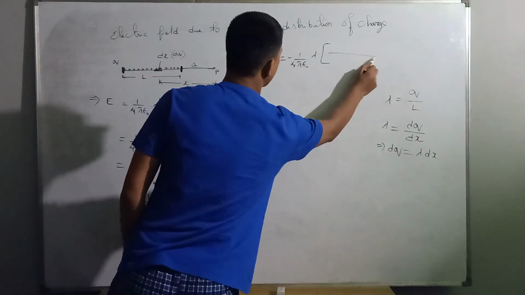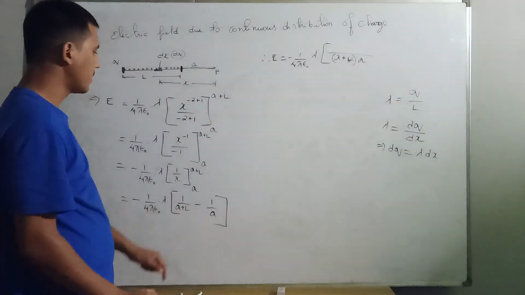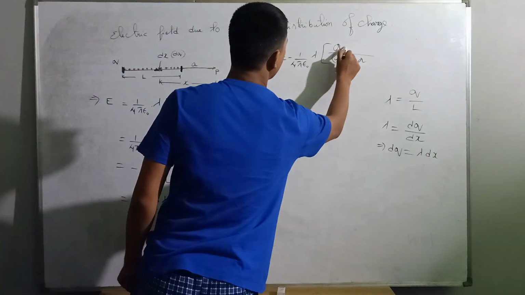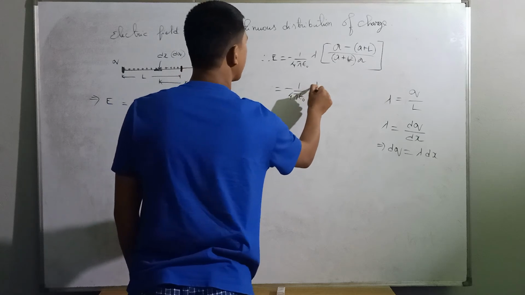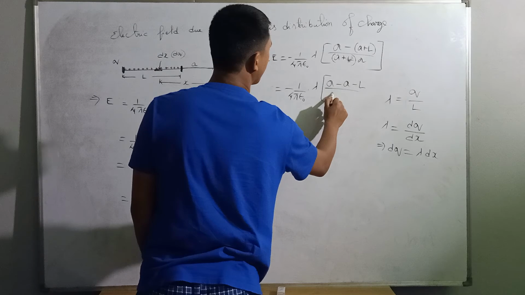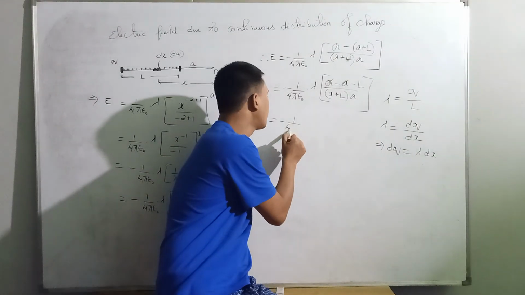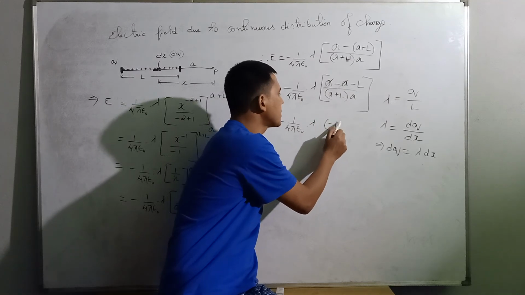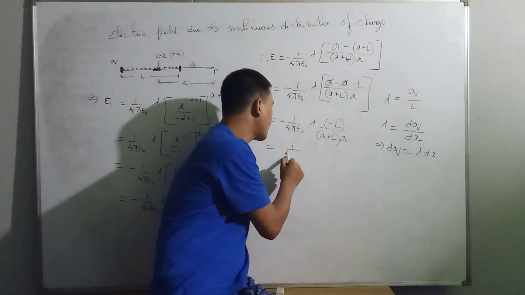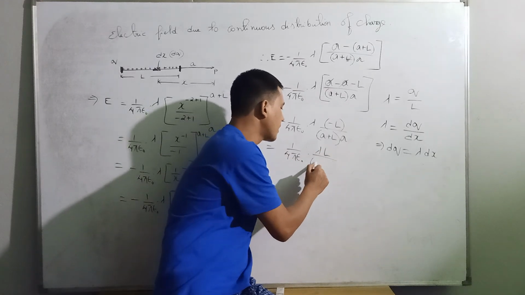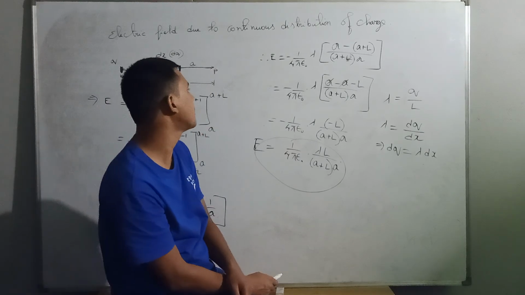If we take LCM, your LCM will be A times A plus L. Then A cancels, so A minus of A plus L. The LCM into lambda, A minus A minus L upon A plus L times A. So we have minus 1 by 4 pi epsilon naught lambda times minus L upon A plus L times A. Minus minus plus, so 1 by 4 pi epsilon naught lambda L upon A plus L times A, which is the required expression for the electric field at a point due to a continuous distribution of charge.